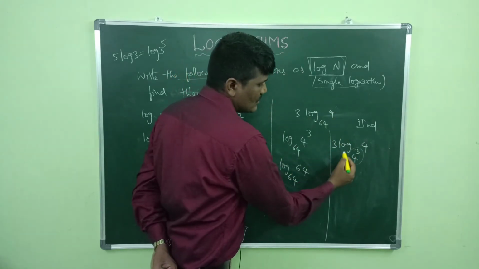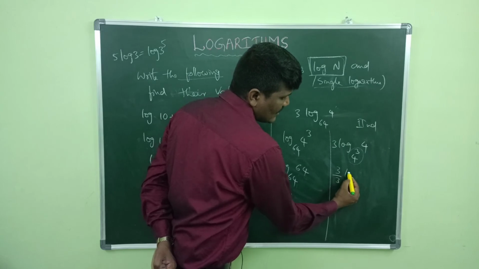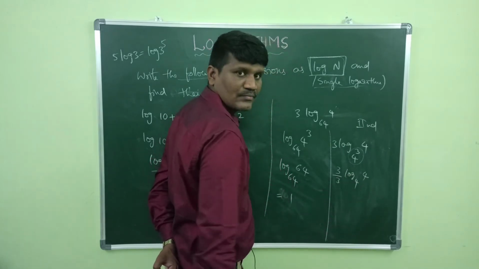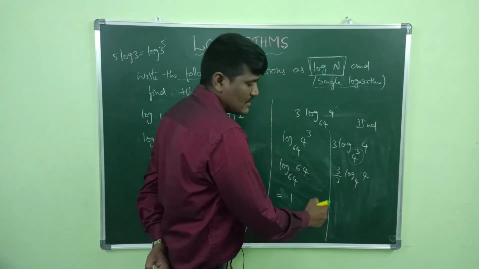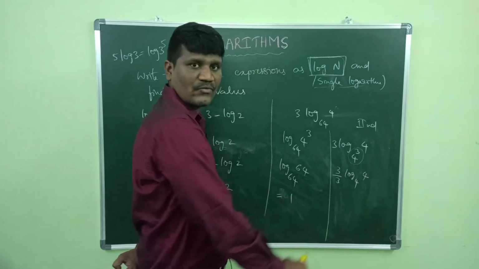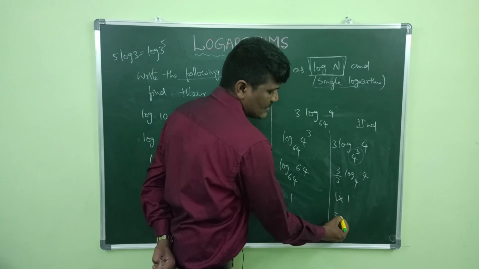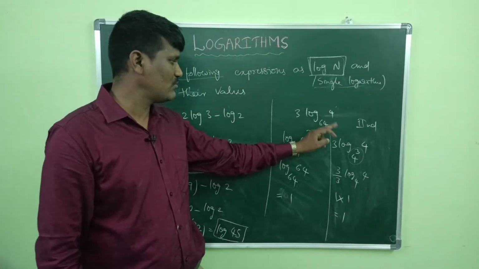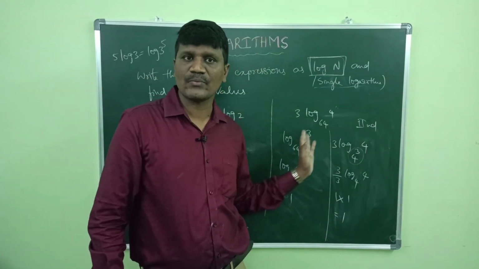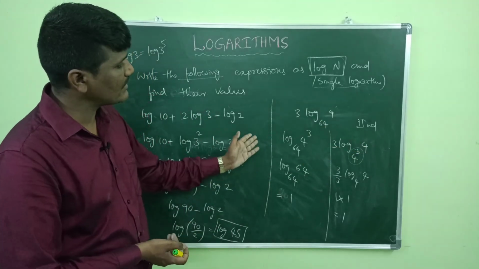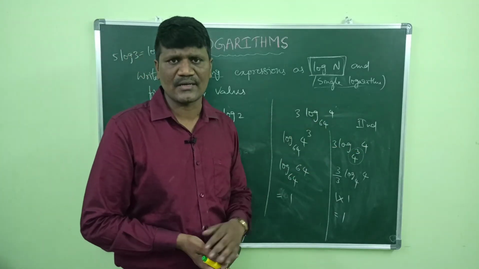That you know, right? So this is 3 by 3 log 4 to the base 4. So 3 by 3 is 1, log 4 to the base 4 is 1, so the answer is 1. So the same problem in two different ways. Based on your requirement I can do it in two different methods.